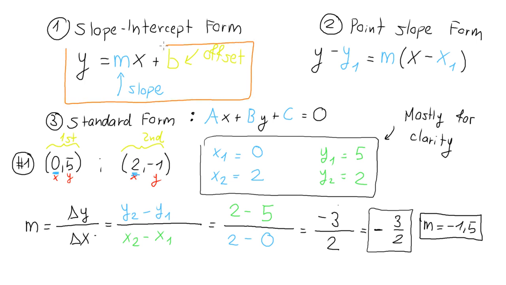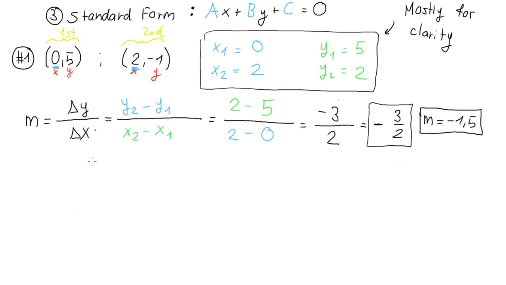We know the slope. However, this offset is unknown. We don't know this b number. So how do we calculate the b number?